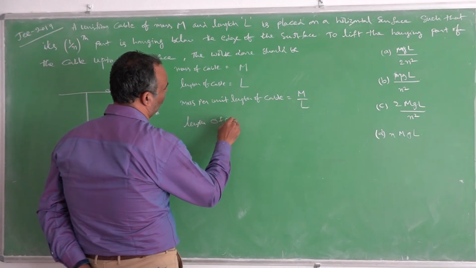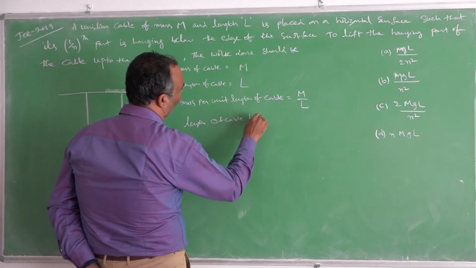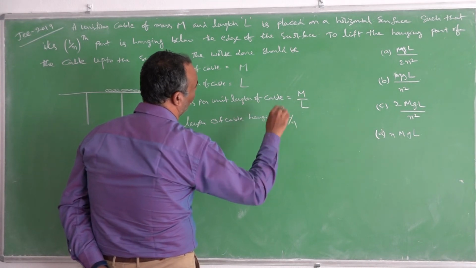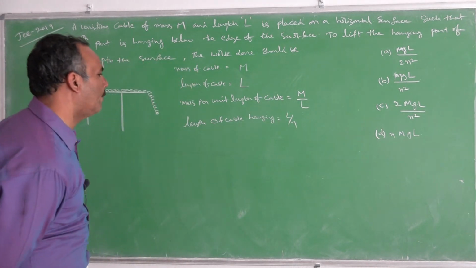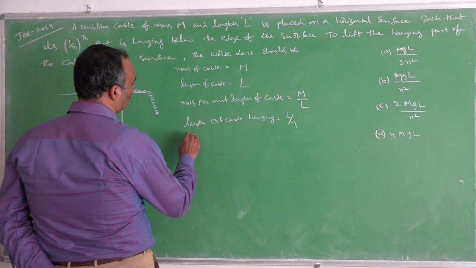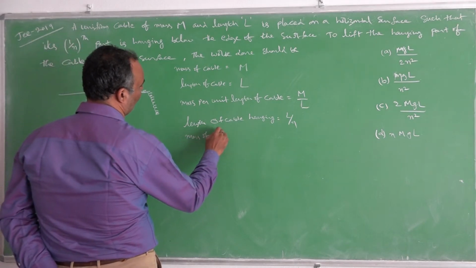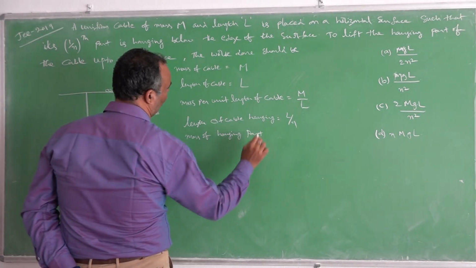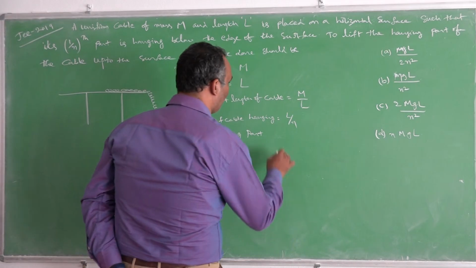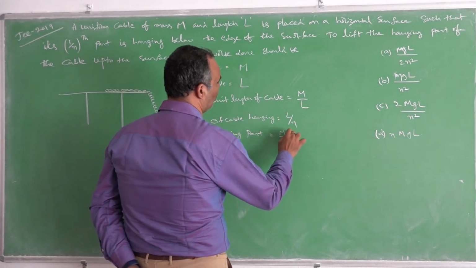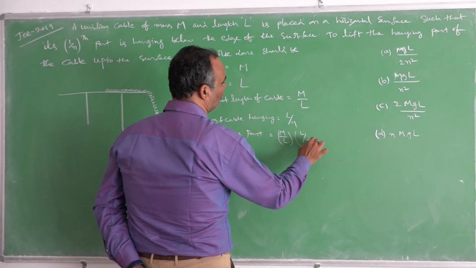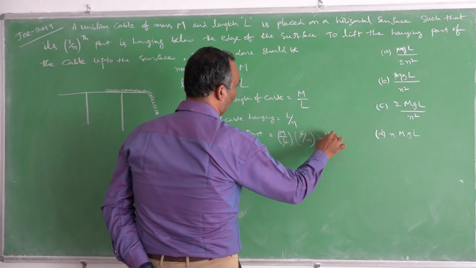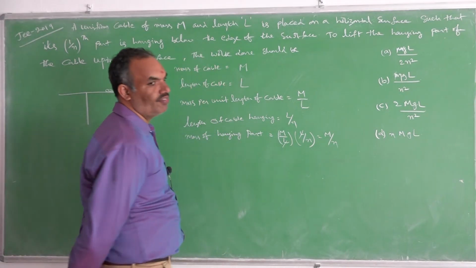Length of cable hanging is L by N. Mass of the hanging part: mass per unit length is M by L, length of the hanging part is this, so L gets cancelled. M by N is the mass of the hanging part.